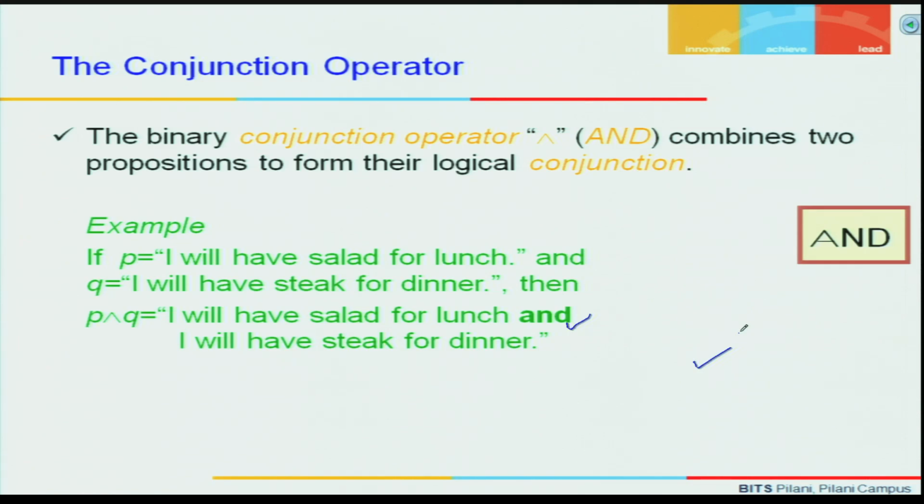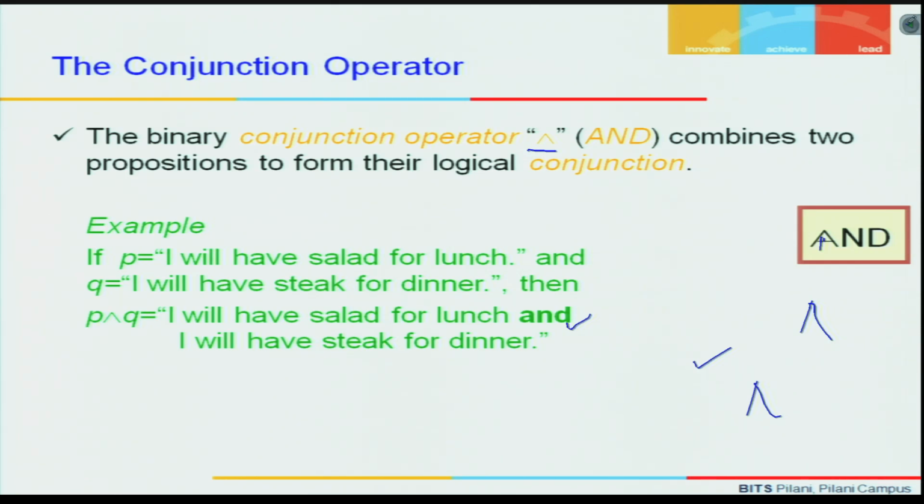If you are wondering how this symbol has come, one guess is that it is basically an AND operator, and you typically write A-N-D like this; if you delete the vertical line, you get this particular symbol. Maybe that is a wild guess how AND is represented by this symbol.